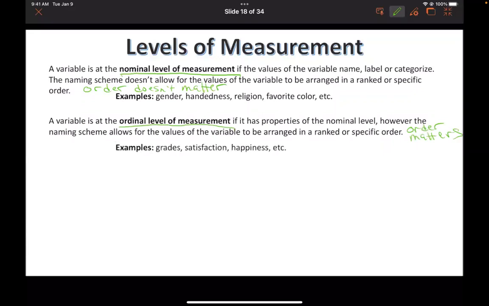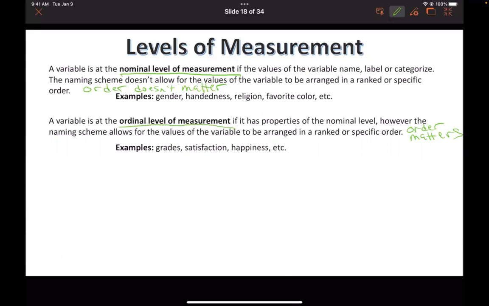So some examples, grades. So we have grades A, B, C, D, and F. Satisfaction is one of those things where it says extremely dissatisfied, dissatisfied, neutral, satisfied, and extremely satisfied. That's kind of what I mean by that.